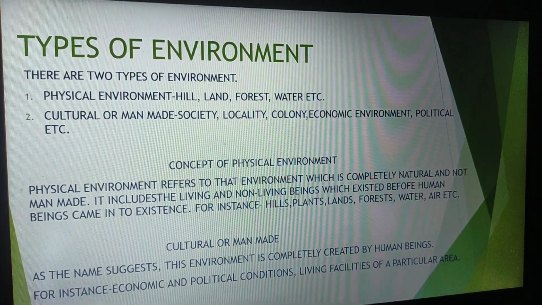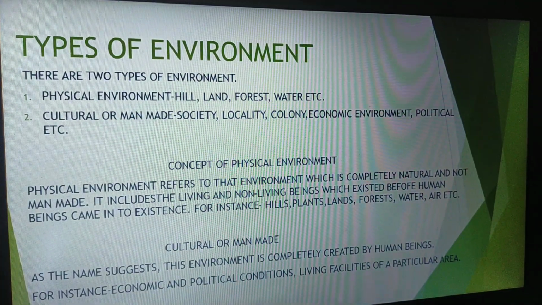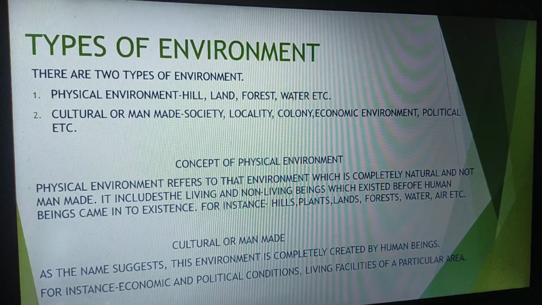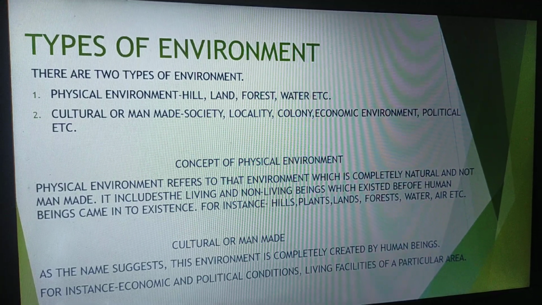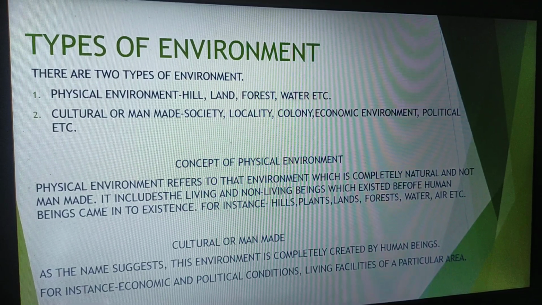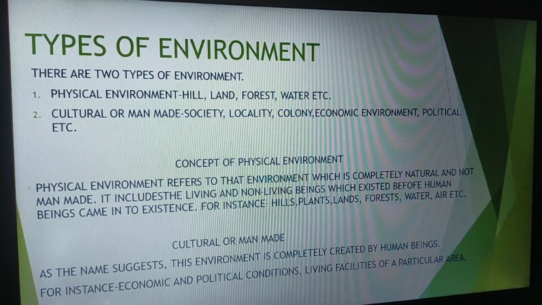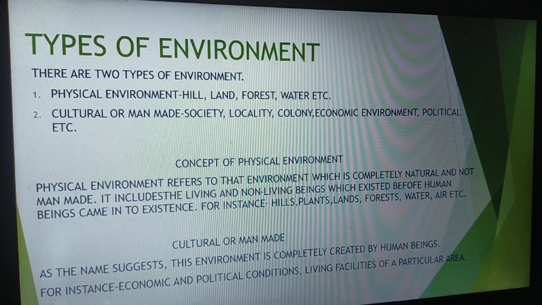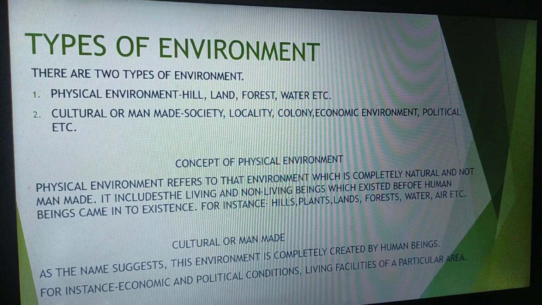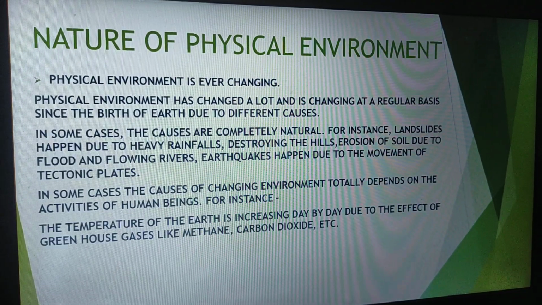For instance, hills, plants, lands, forests, water, air, etc., which was there before any other organism came into being. And what is this cultural or man-made environment? As the name suggests, this environment is completely created by human beings. That is, for instance, the economic and political conditions, living facilities of a particular area, etc.